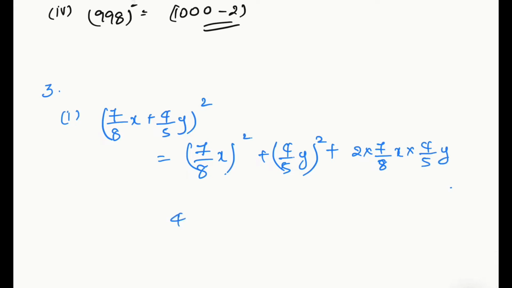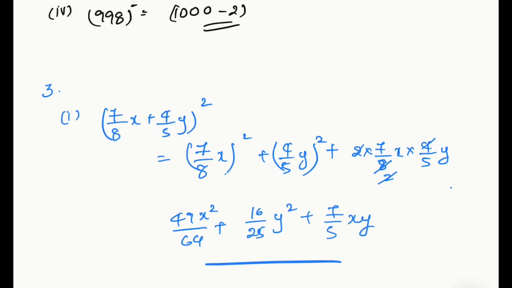So you get 49x square by 64 plus 16 by 25y square plus, cancelling this, I'll get 2 and 2 is getting cancelled, 7 by 5xy. This way you can split it. Similar way you do it for the subtraction one also.